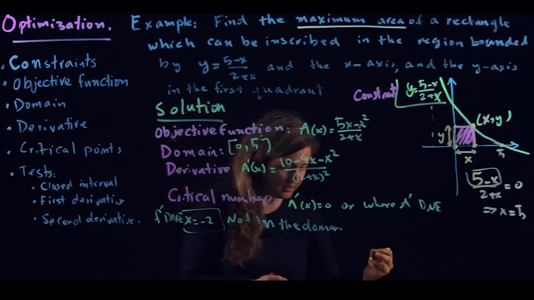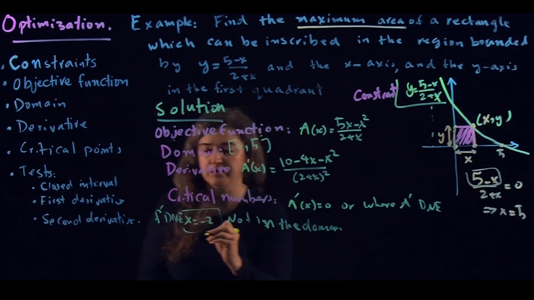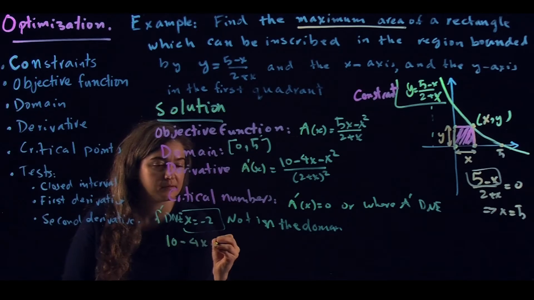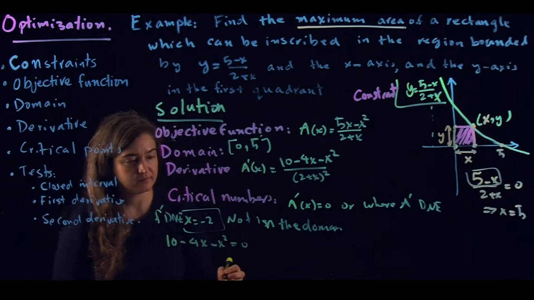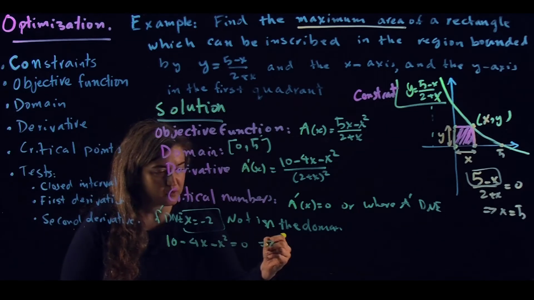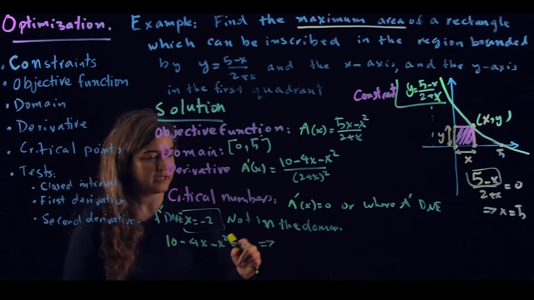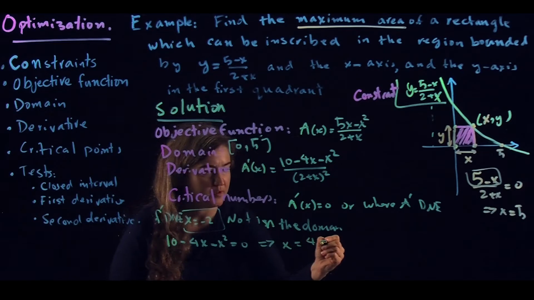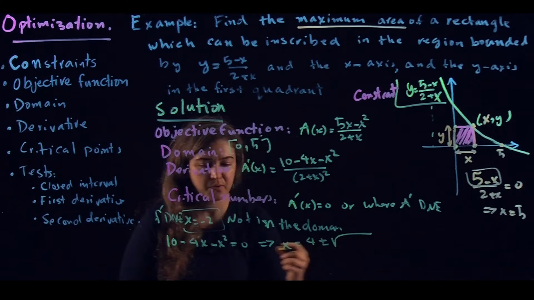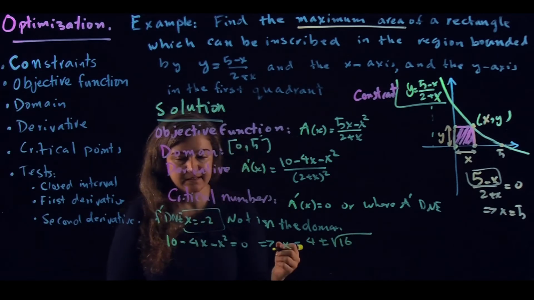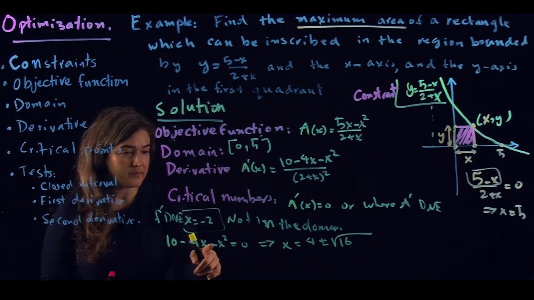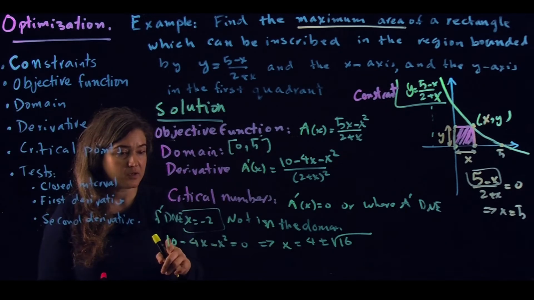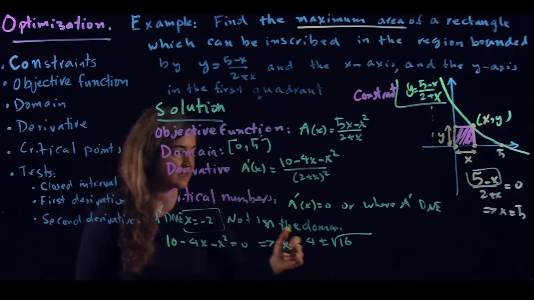And so here, setting the numerator equal to 0, and this is a quadratic function, so what we get is 4 plus or minus the square root of 16 minus 4 times minus 10.